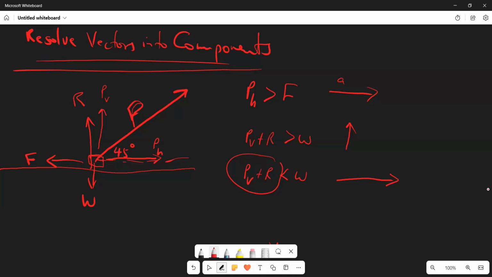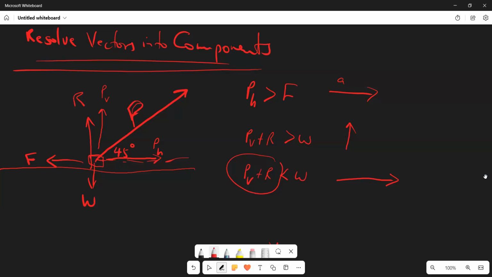You can. It just might be a little more difficult, right? And that's where you, as teachers, can sit down and put numbers to P and R and F and W and so on, and see what happens when you use the polygon law, how complex things will be.